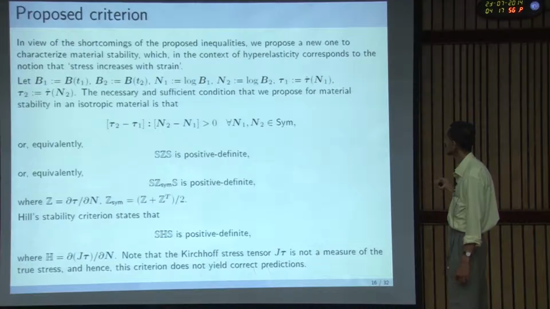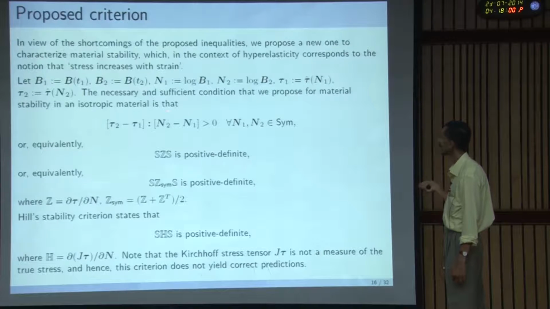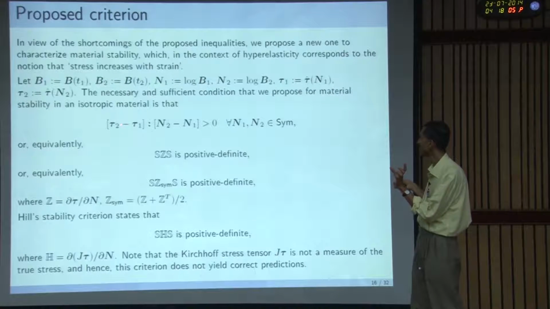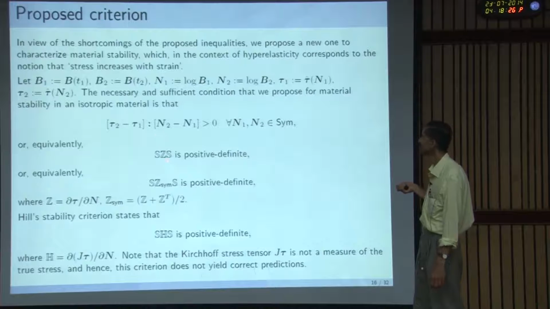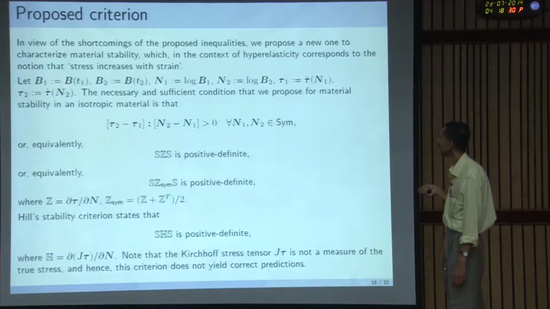The necessary and sufficient condition that we propose for material stability is this: the inner product of the increment in stress with the increment in the true strain should be greater than 0. This is the true stress and this is the true strain. We are proposing that the inner product between them should be greater than 0. Equivalently, you can show that this condition holds if and only if Z, which is the derivative of the stress tensor with respect to N, is positive definite. One can show that this is equivalent.